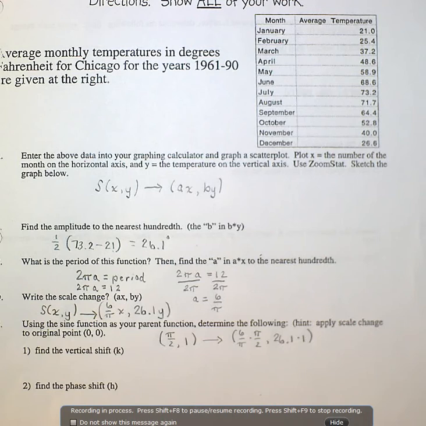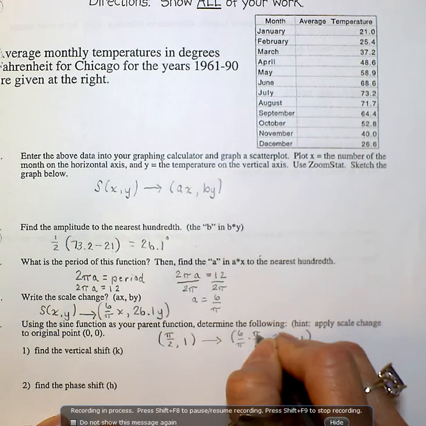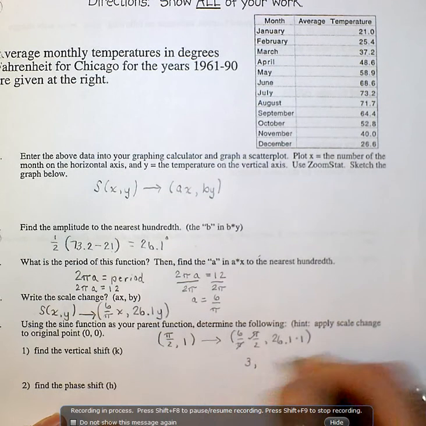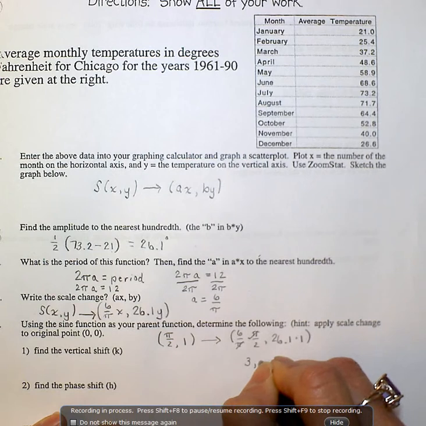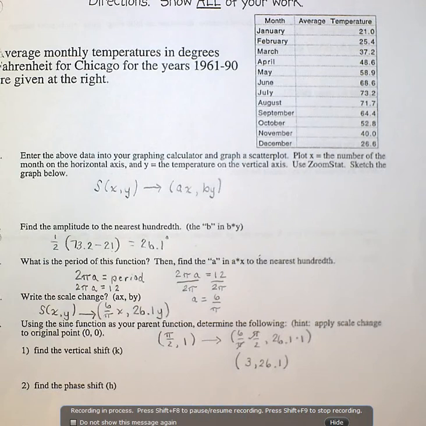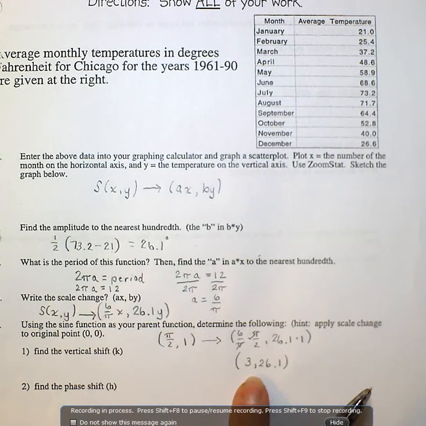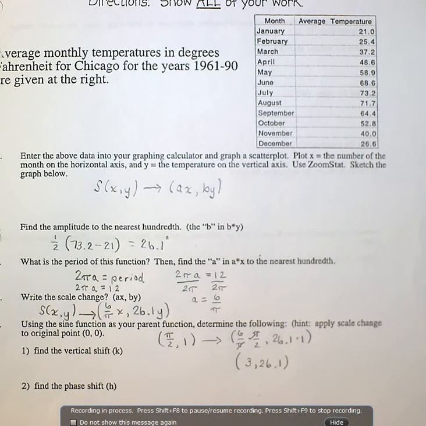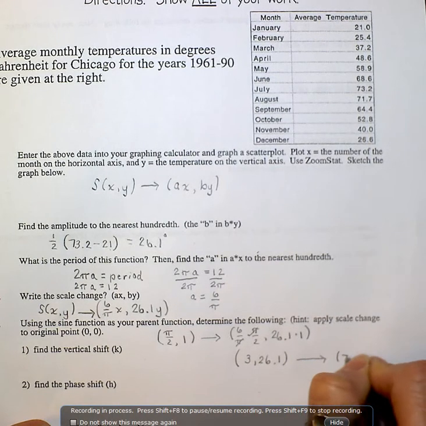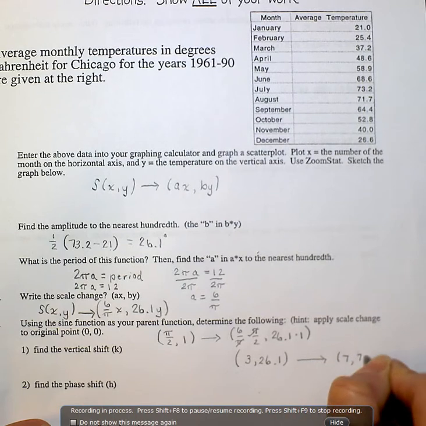Okay. Now, if I go ahead and do that multiplication, these pi's cancel, and 6 over 2 is 3, and 26.1 times 1 is 26.1. Okay? But in my data, is there a bump at month 3 with a height of a temperature of 26.1? No. Where is the bump in my data? Yes, it is month 7 when the temperature reached a highest point of 73.2 degrees.